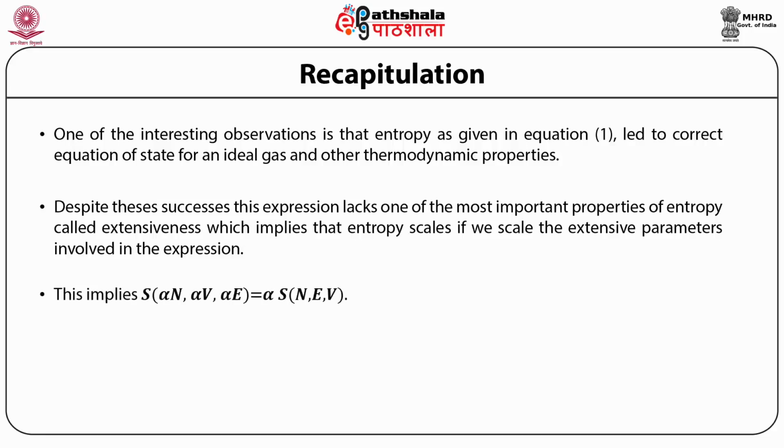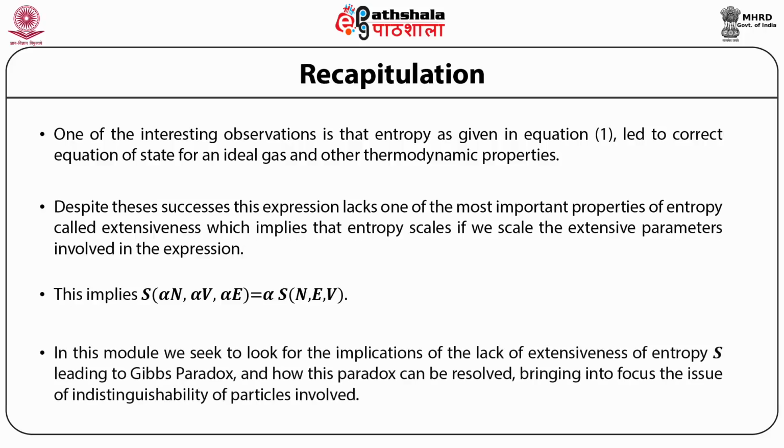This implies entropy as a function of alpha times N, alpha times V, and alpha times E is equal to alpha times the entropy as a function of N, E, and V. In this module, we seek to look for the implications of the lack of extensiveness of the entropy S leading to Gibbs paradox and how this paradox can be resolved, bringing into focus the issue of indistinguishability of particles involved.